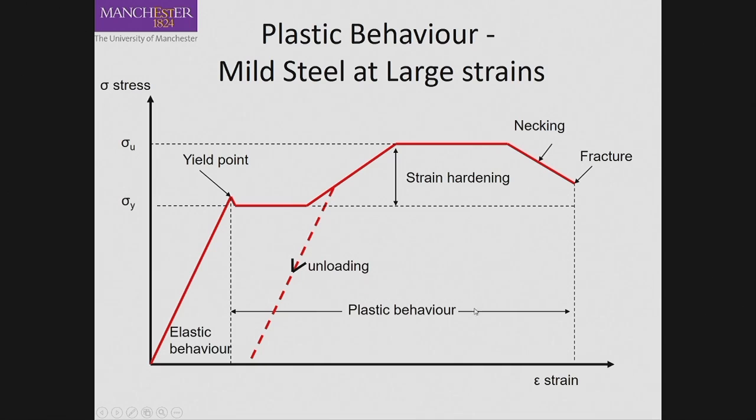If you do a plot in terms of stress versus strain, then the first bit would still be linear, and you'll get a yield point, and then a yield plateau, and then strain hardening, and some necking, and then the fracture. Now, what we mean by elastic is, if you take away the load, it comes back to the original position.